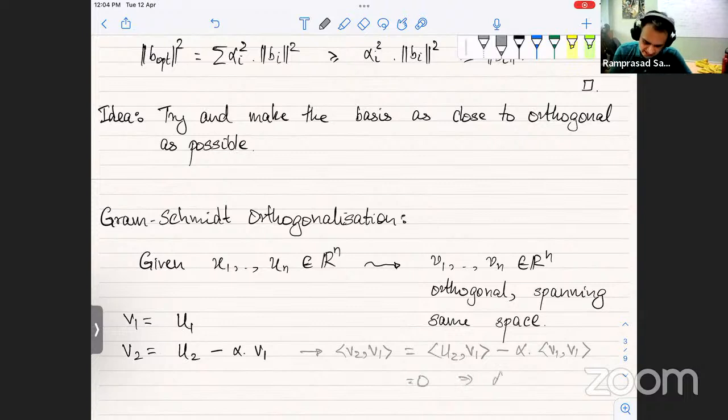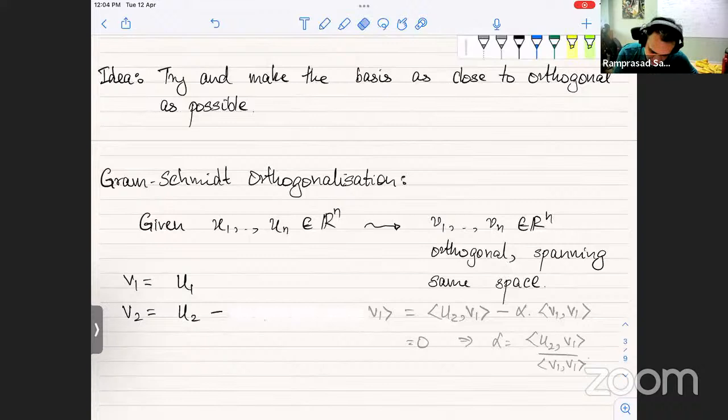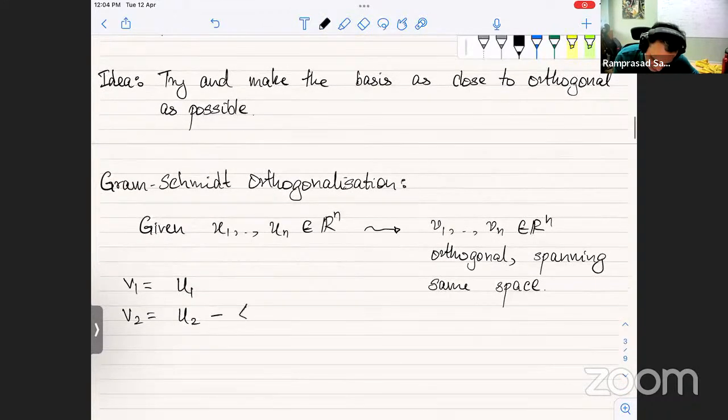So you set alpha to be equal to U2 dot V1 divided by V1 dot V1. Therefore V2 equals U2 minus U2 dot V1 divided by V1 dot V1 times V1. Is this okay so far?